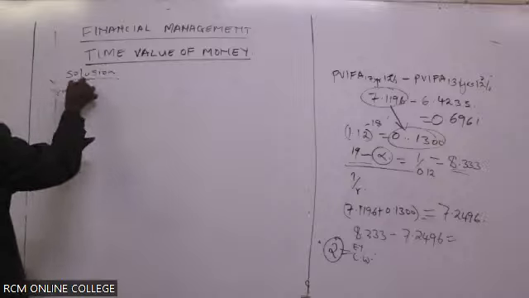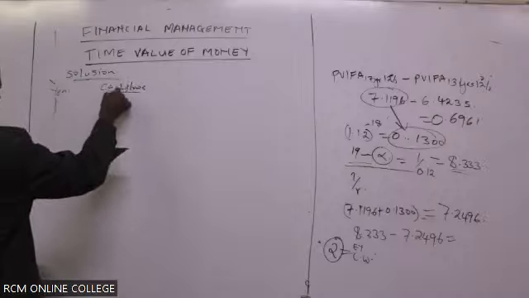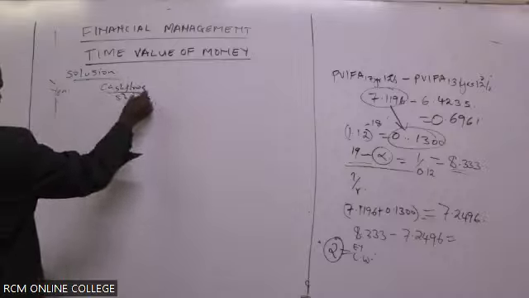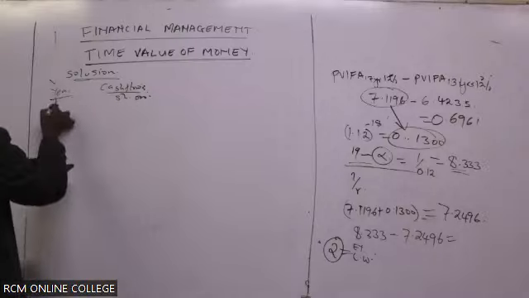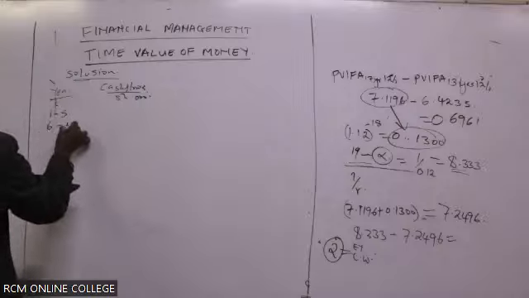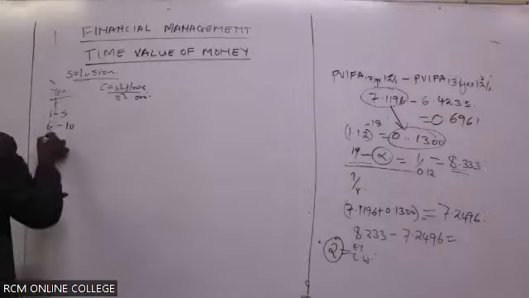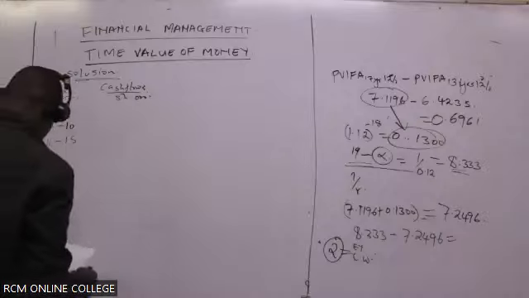Having here, then cash flow. And the shillings are in 1,000. So here we are having 1 to 5, 6 to 10, 11 to 15, 594.